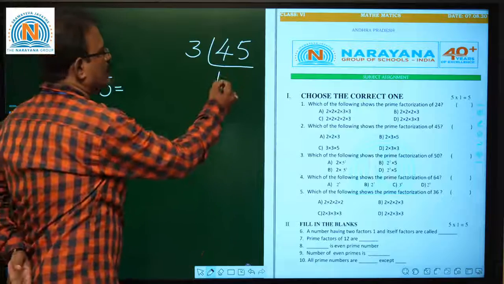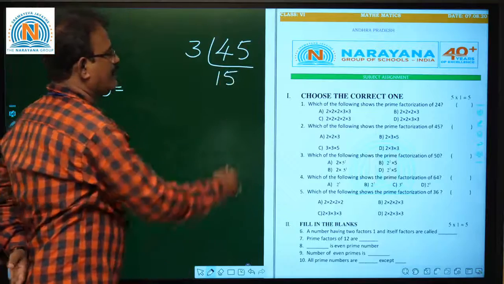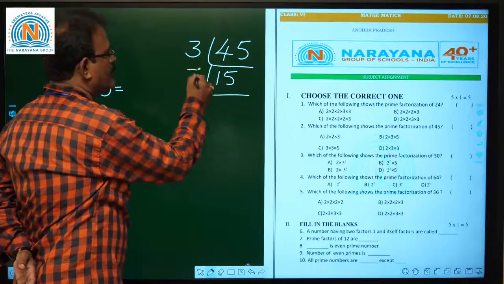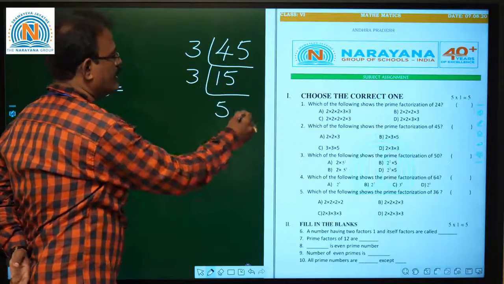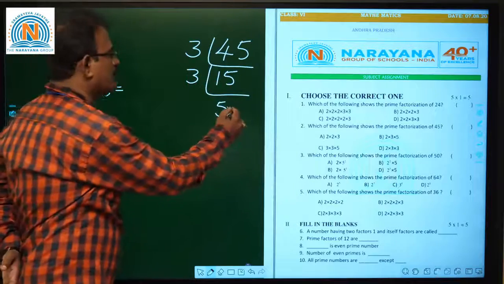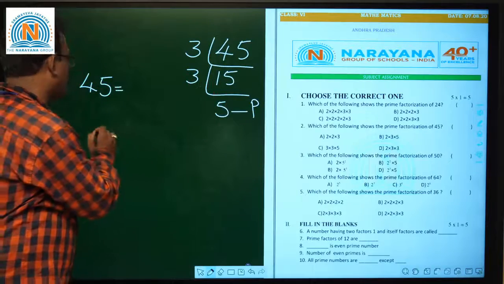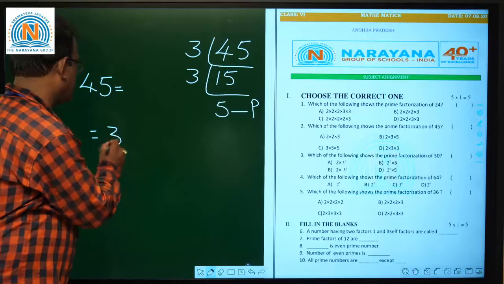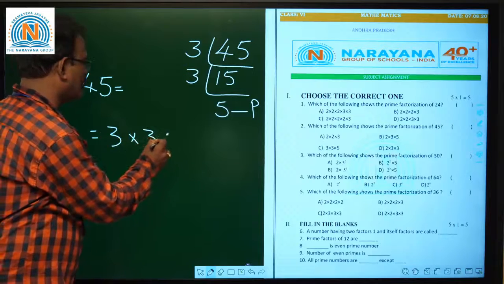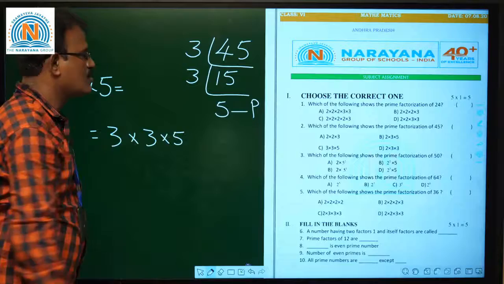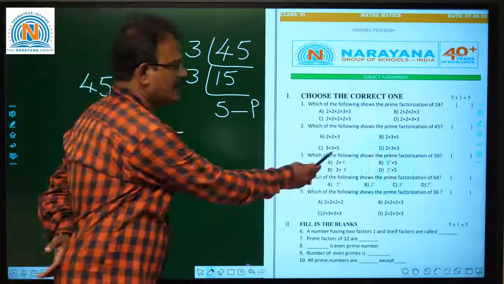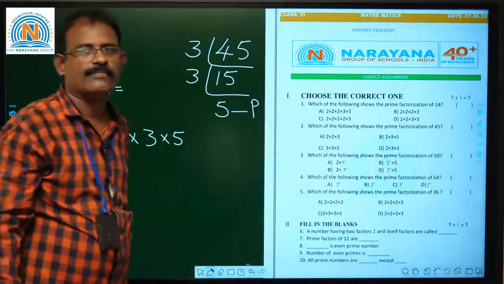So 45 is divisible by 3, 15 times, and again 15 is divisible by 3, 5 times. As 5 is a prime number, our process is completed. So 3 into 3 into 5. Children, it is available in the third option, C option.